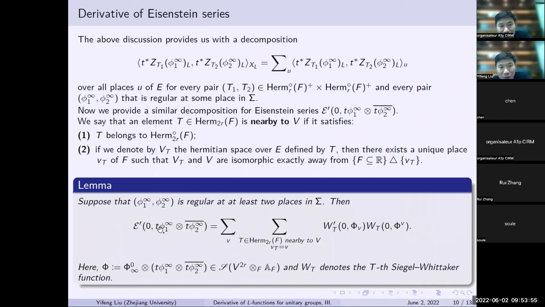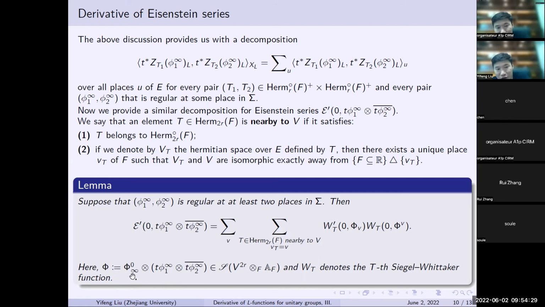Okay, then this derivative also has a decomposition over places of F. The places of F are indexed by v, and the term here is, for each v, the inner summation going through all Hermitian matrices T that are nearby to V, such that the nearby place vt is equal to v. Okay, and what is the term here? The term here is phi. Phi is this total Schwartz function.